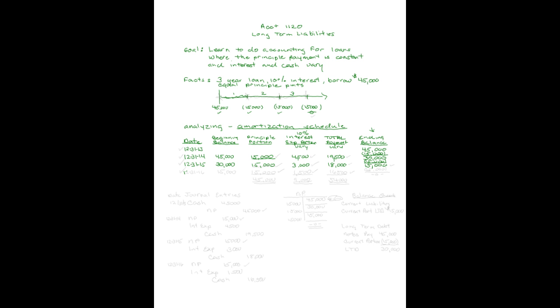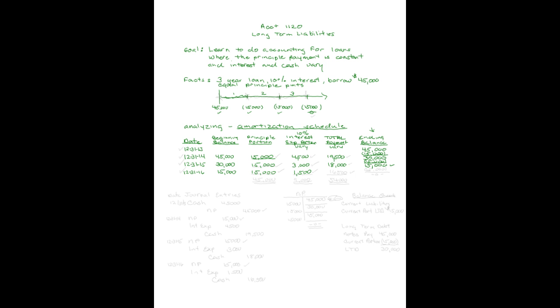We have one more payment to make. We said 3, so 12/31/16. My new loan balance is $15,000. I'm bringing it over from this total. So the principal portion needs to be $15,000. It's been held constant. Interest on the beginning balance of $15,000 will be $1,500, 10% of $15,000.